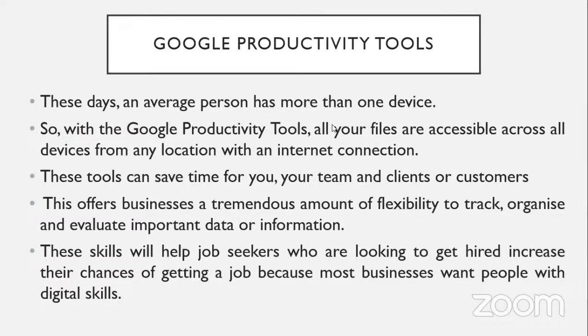With the help of Google productivity tools, you can access your files across all devices from any location, as long as that location has an internet connection. Sometimes when you store your documents on Google, you don't need to carry your computer. You can just carry your phone and access your files from there. Or you can leave your phone and carry your computer, and you will still be able to access your files. So this is one essence of Google productivity tools.